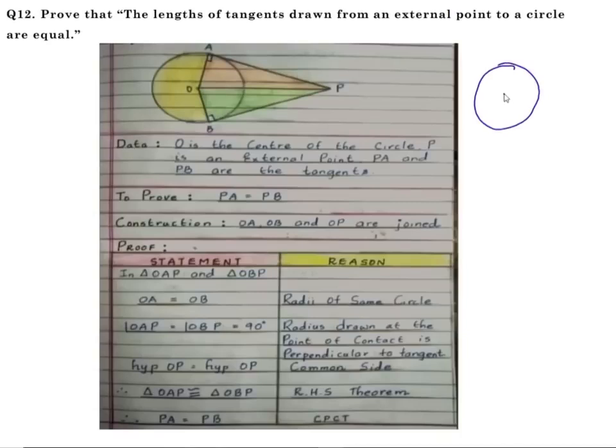Draw a circle with center O from an external point P. Join the points A, B with center O. This will be perpendicular because the tangent drawn to the end point of a radius is perpendicular.